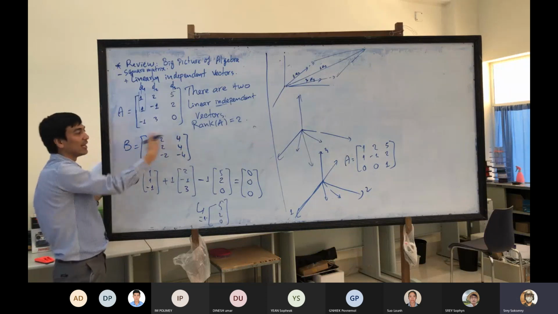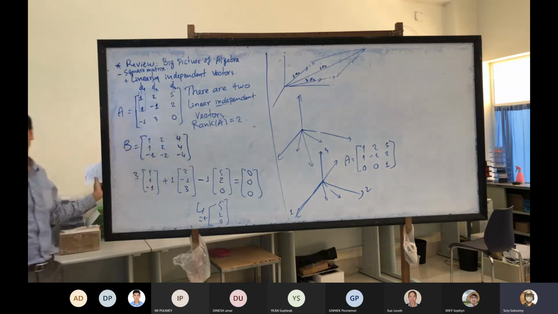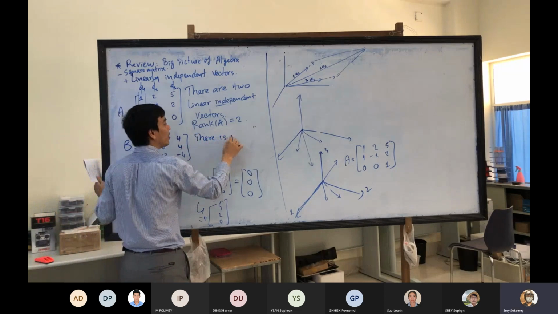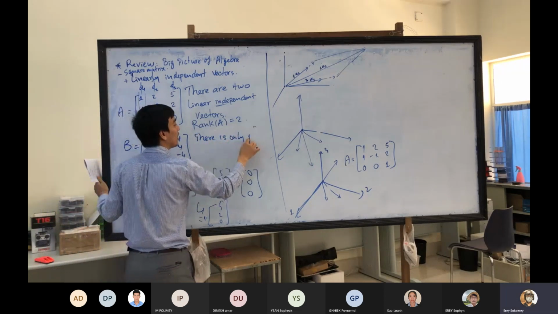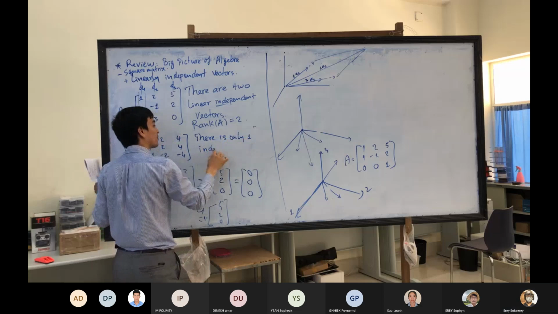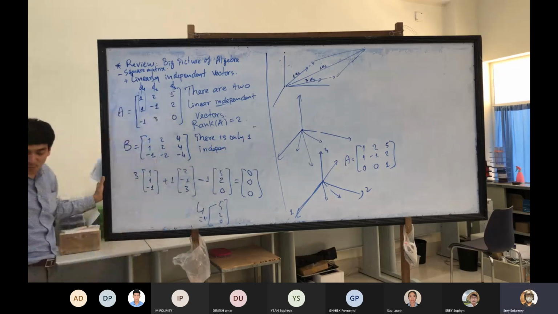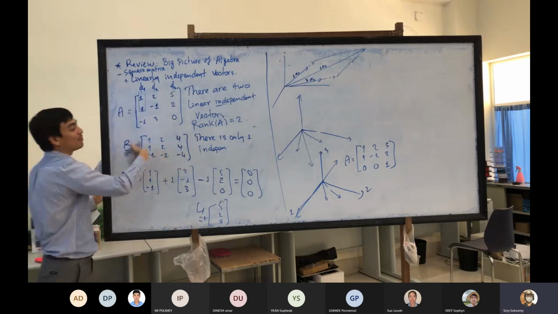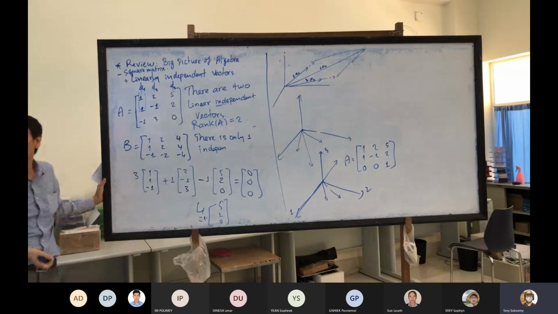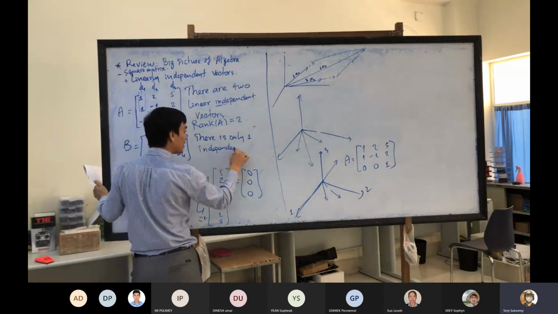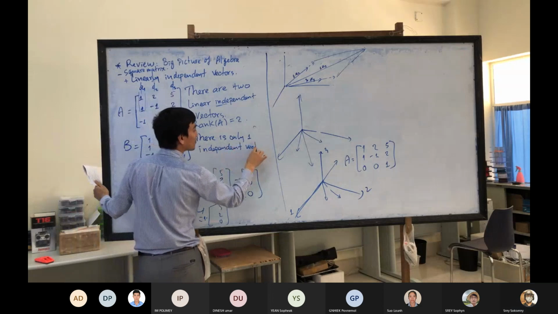So it means in this matrix there is only 1 independent vector. But for a matrix, at least it has 1 independent vector, except if all the entries are 0, then it has 0 independent vectors.